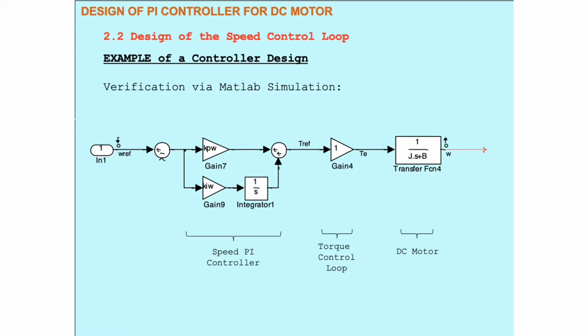The speed control loop is basically also from an equation of a speed PI controller that was converted to a speed control loop in the form of MATLAB blocks. The speed control loop consists of the speed PI controller and the torque control loop combined with the DC motor.